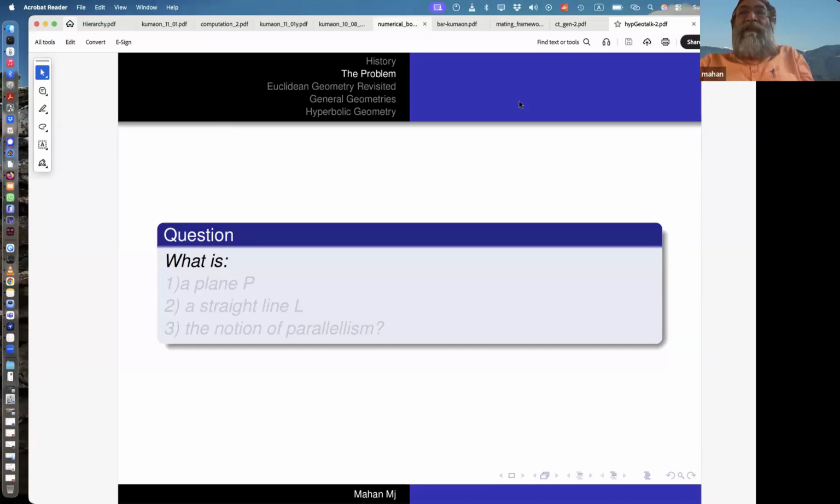But there is nothing that defines the plane. So we need to ask, what is the background of this question? The background which was taken for granted needs to be inquired into.